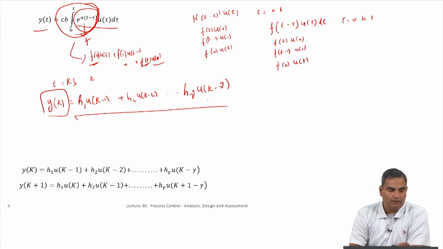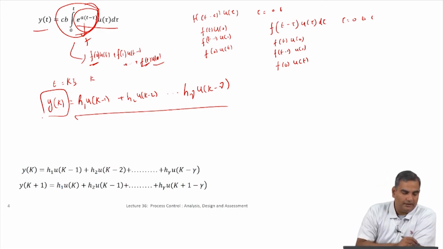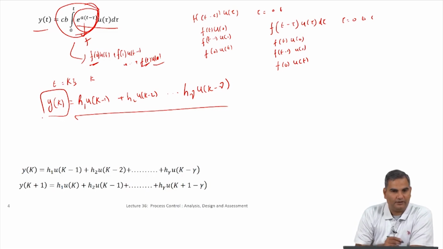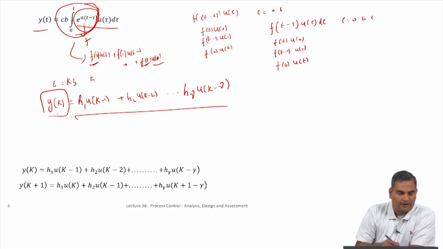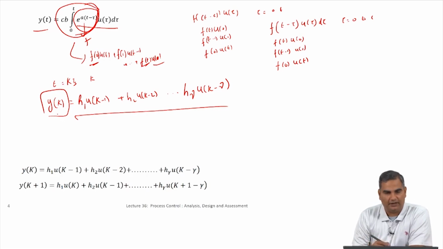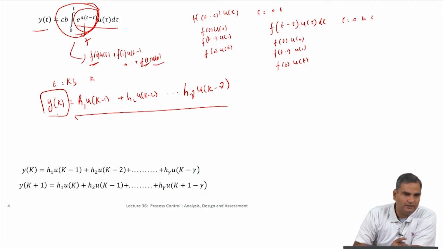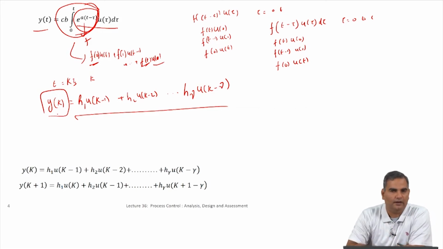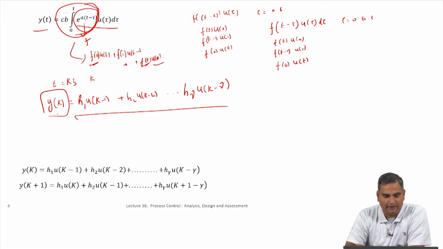So, the current output y of k is a function of all the inputs that I have had in the past, and these inputs have different weightings based on how recent or how far in the past the input is.